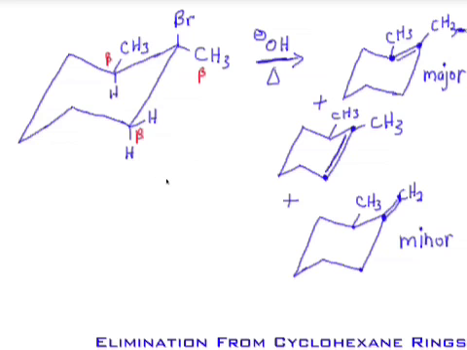Let's try a problem where you're asked to do E1. Now, I know alkyl halides go E2. But occasionally on a test, to test you on E1, I may draw an alkyl halide like this and force you to make it go E1.